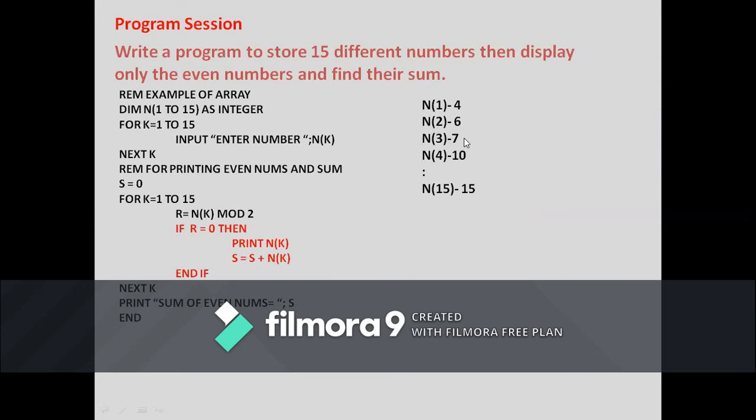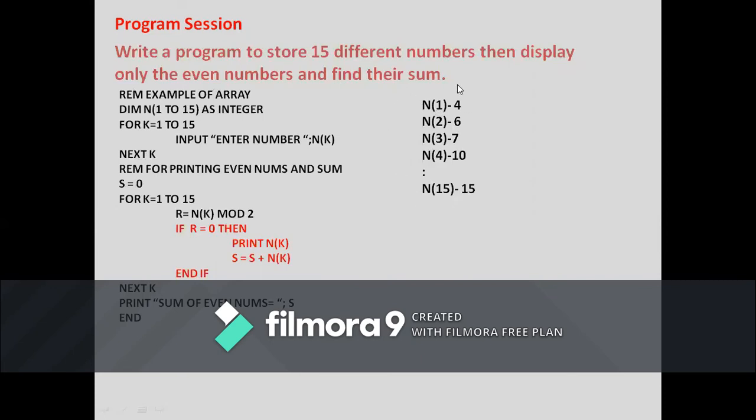Third value, suppose you supply 7, that goes to n3. And the fourth value, suppose you supply 10, that goes to n4. In that way, the last value goes to n15. So in this way, this array will store 15 different numbers. The starting element of the array is n1 and the last element of the array is n15.